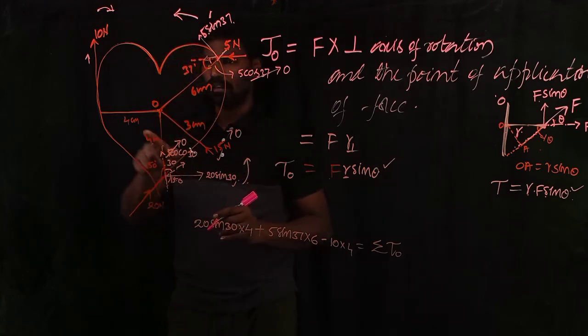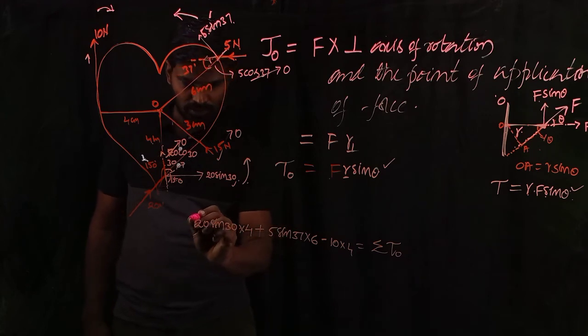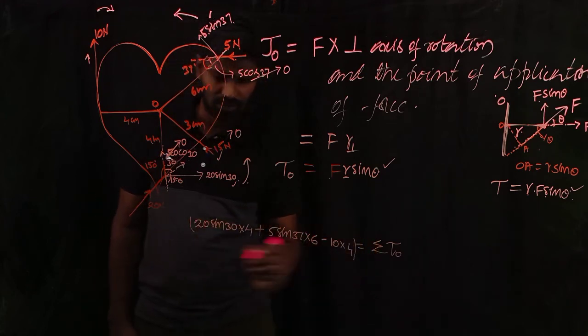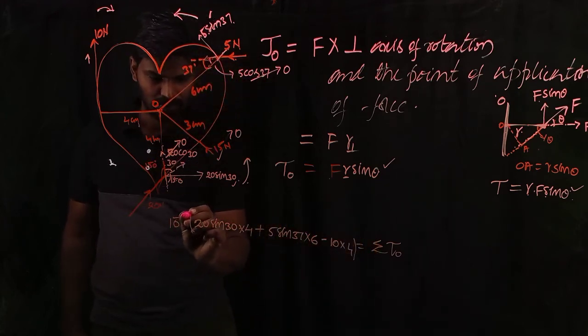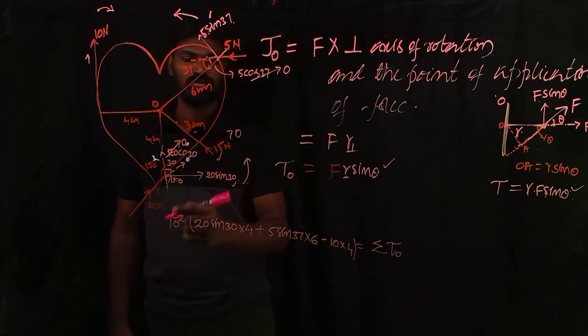So be careful. Here the distances given are in centimeters, so you multiply this whole equation with 10 to the power minus 2, because force is in Newton, SI unit, and distance is in centimeter, CGS unit, so you should convert it.